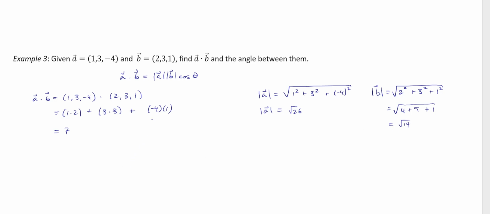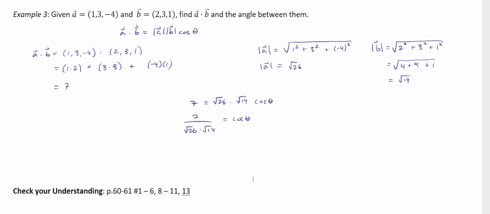To find theta, the angle between them, I can combine the dot product and these magnitudes and then solve for theta. A dot B, I already know, is 7. The magnitude of A is root 26. The magnitude of B is root 14. And then I have cos theta. To isolate theta, I bring everything over here, and then I'll have cos theta.